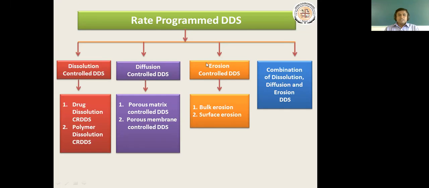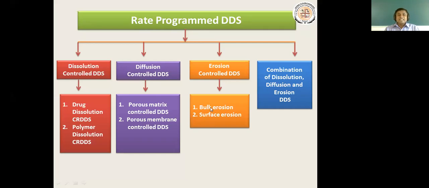Another one is the erosion controlled drug delivery system. Erosion is the physical degradation of a polymer. These erosion controlled drug delivery systems are again classified into 2 types. One is bulk erosion and the second one is surface erosion. So bulk erosion means what?